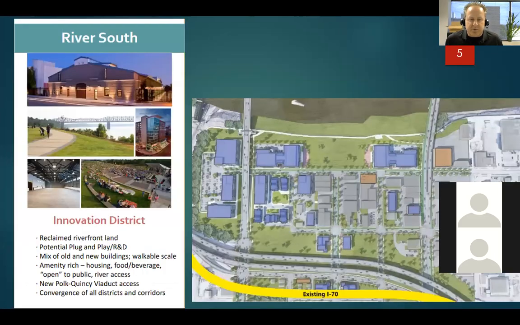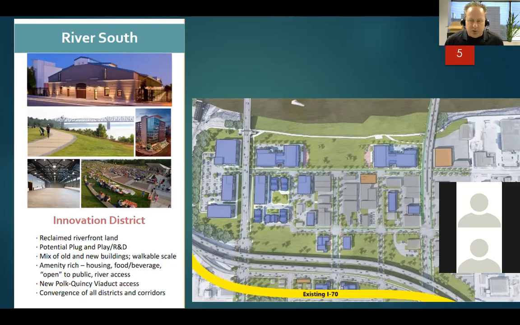More specifically for River South, the brand that was developed for River South is an innovation district. Some of the key elements here are to reclaim the riverfront land. So all of that land is currently publicly owned. There's a mix, and this is a key point here, there's a mix of old, or what better word might be, existing buildings, and also new buildings.